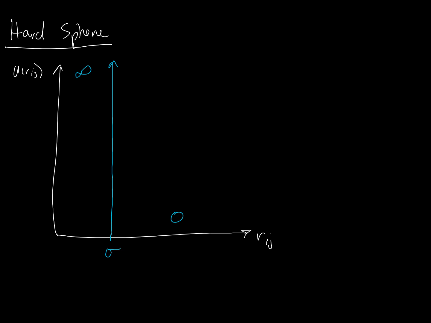That's it. That's the function. You can't see it here, but on the line it is just 0 until you hit some parameter sigma, which will relate it to the size of the particle itself, or the radius of the particle. And we can mathematically write out the function as a piecewise function.